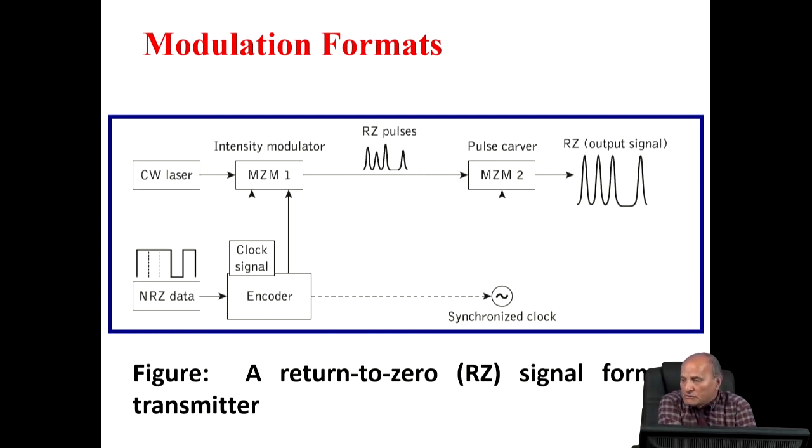For return to 0, for example 50%, it means that during state 1, the laser emits power only for 50% of the bit period and then turns off. During logic 0, it is already off. Generation of return to 0 pulses is more expensive compared with non-return to 0.